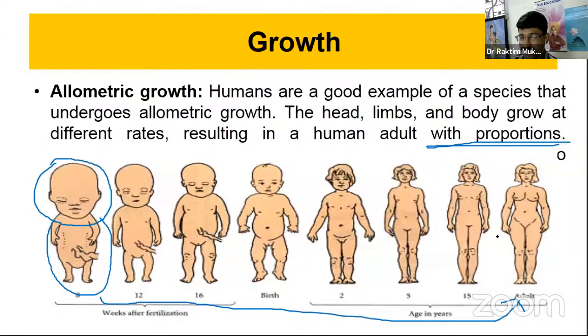But with respect to each organ, there is asymmetric growth, unlike isometric growth. So there is asymmetric or allometric growth. Examples are we humans; we grow in the form of allometric growth.